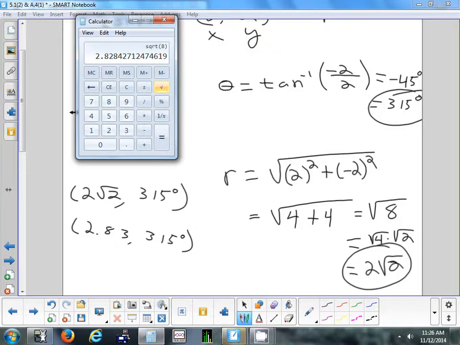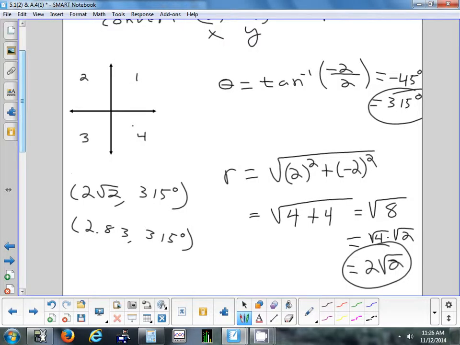I would make sure you know how to reduce the square root for the test. It's probably going to come up. This is the exact, and this one is approximate.